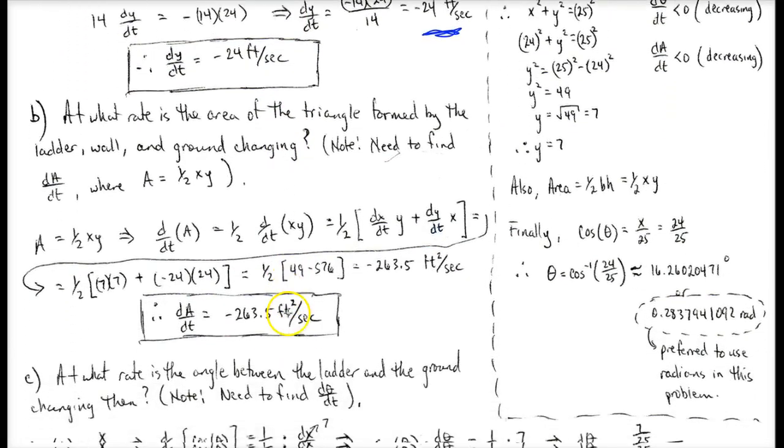Now moving on, we want to know at what rate is the area of the triangle formed by the ladder, wall, and ground changing. Okay, so we know that here area is 1/2 times the base times the height. So we know that. And so when we look here, we want to take the derivative of both sides of this equation. Since we want to know the rate of the area, we're trying to find the change in area over time.